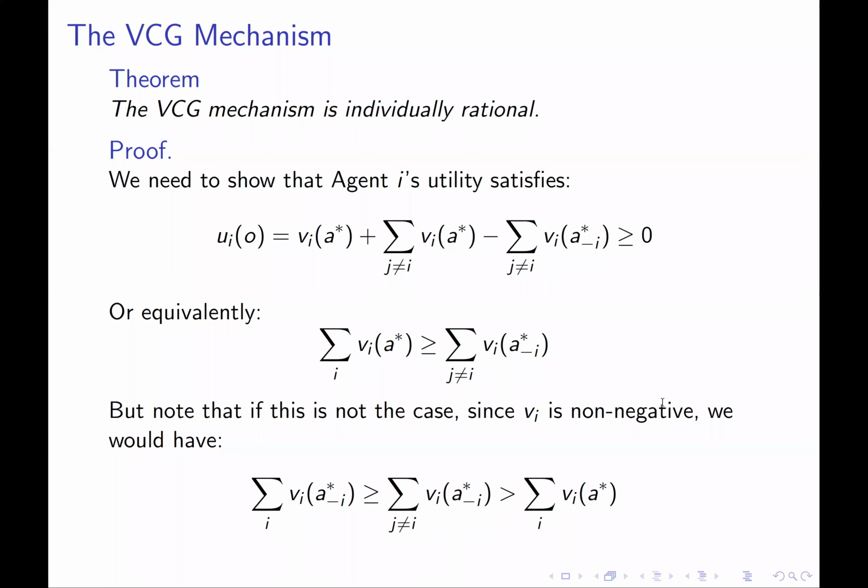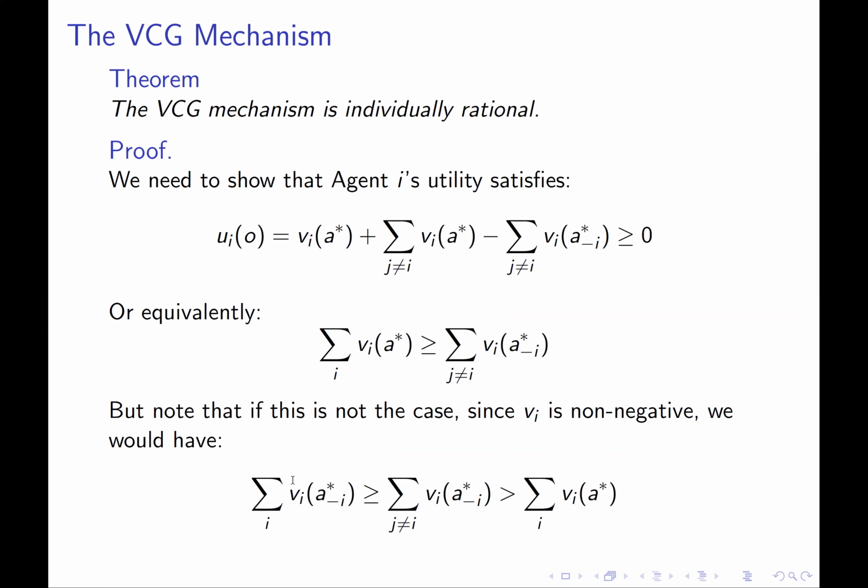We haven't assumed much about these valuation functions, but the assumption is that they're non-negative, that if I give you something, you have non-negative utility. And because of that, we can observe the following, right? The mechanism could have chosen outcome A star minus i, even with player i participating, right?